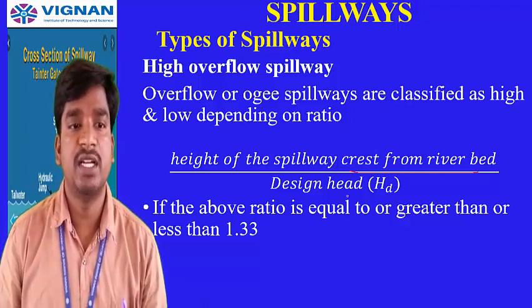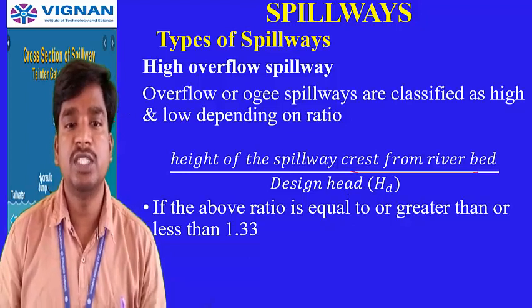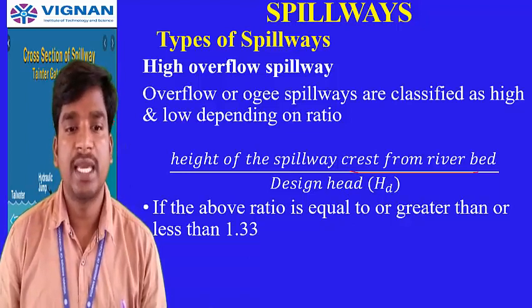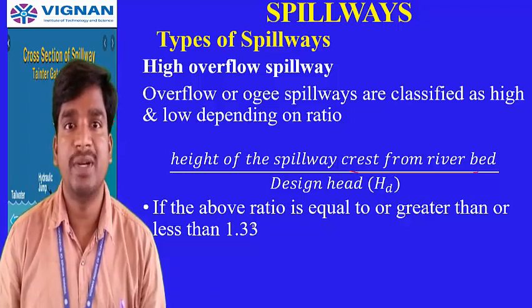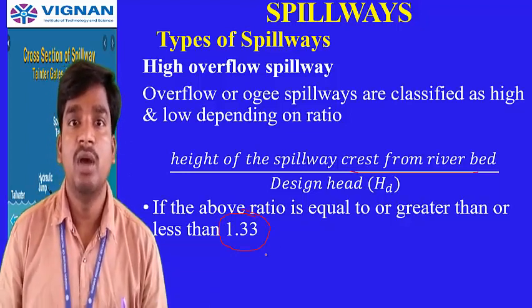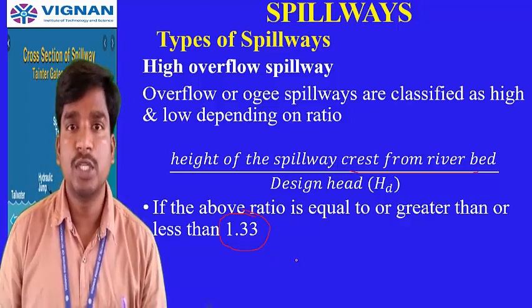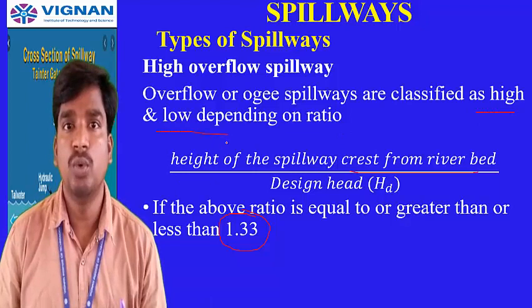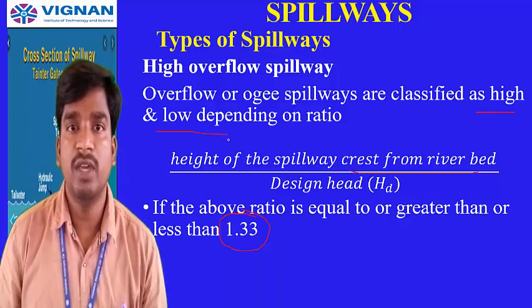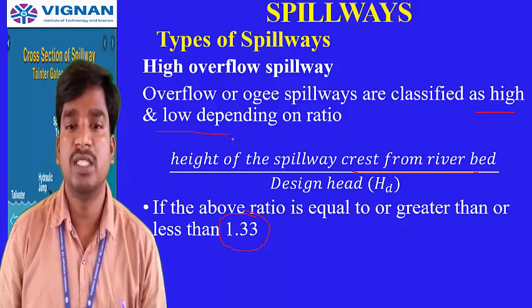Whatever the design head we are designing, the ratio between these two will be calculated, and based on whether it is less than or equal to, or greater than 1.33, the spillways are classified as high or low ogee spillways.